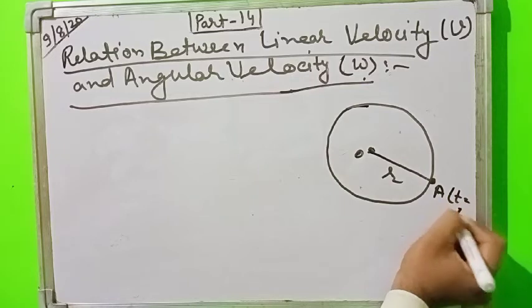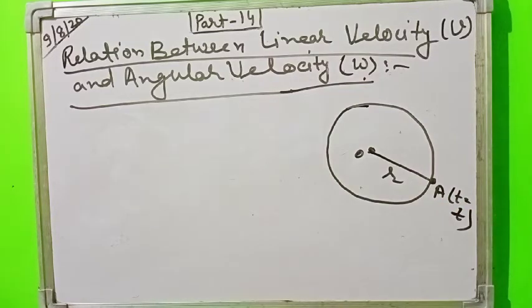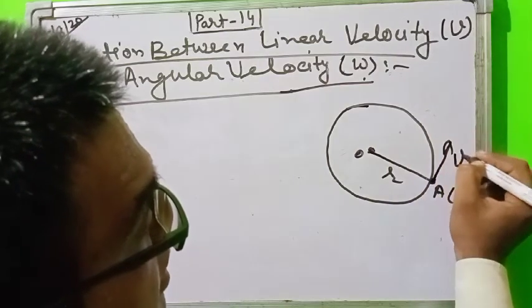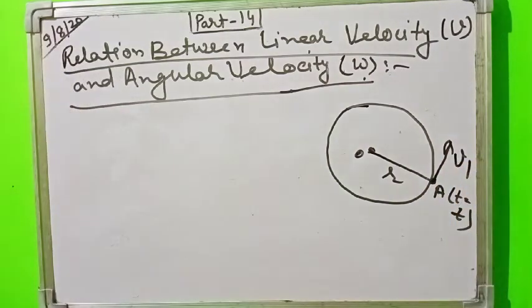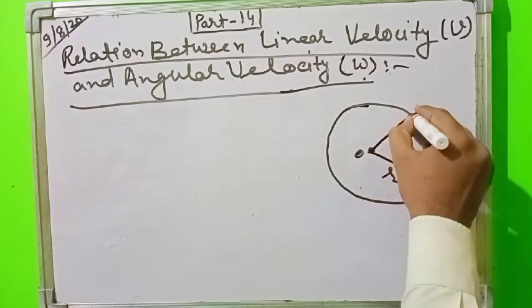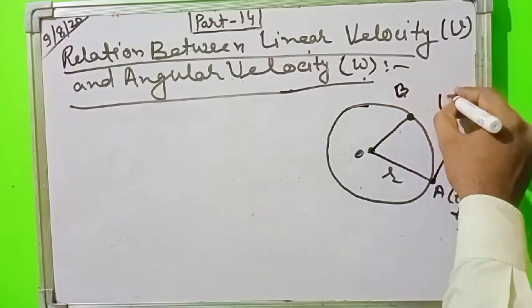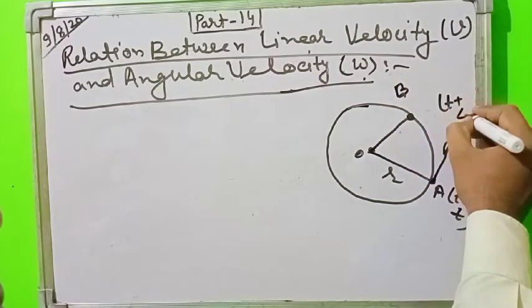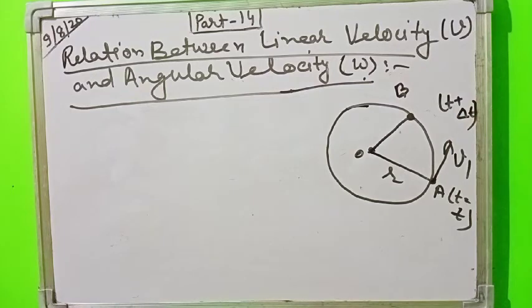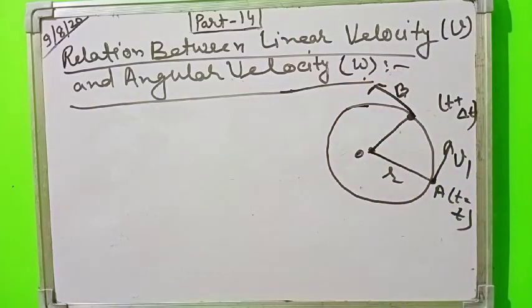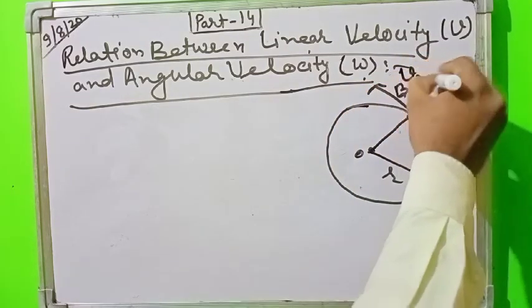At initial time t, the object is moving with velocity v1. Now the time becomes t plus delta t, a small change in time, at point B, and here the object is moving with velocity v2.